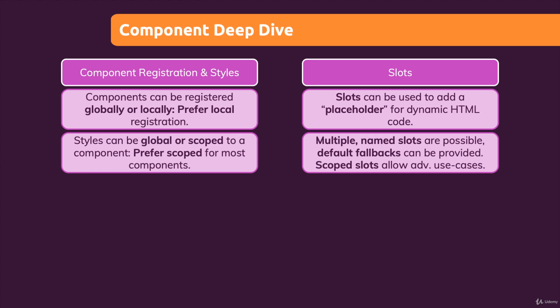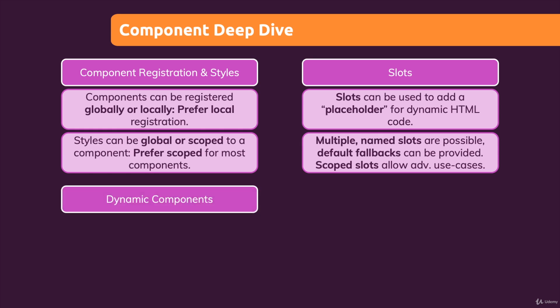You can provide default content for slots, which will be used as a fallback if no content is provided for that slot from outside. And we learned about scoped slots for some advanced use cases. Slots are another key feature which unlock wrapper components like cards or dialogs, and you will see them in action again in the next module.